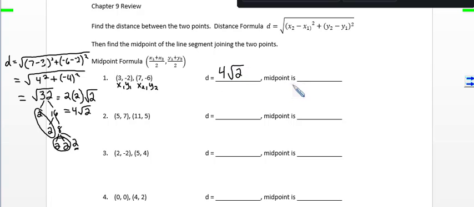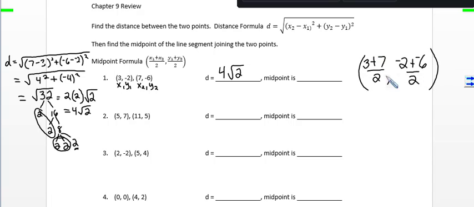Your midpoint is the average of the x, so it's x1 plus x2 divided by 2, and then your y value is going to be the average of the y, so it's negative 2 plus a negative 6 divided by 2. So 3 plus 7 divided by 2, and negative 2 plus a negative 6 divided by 2.